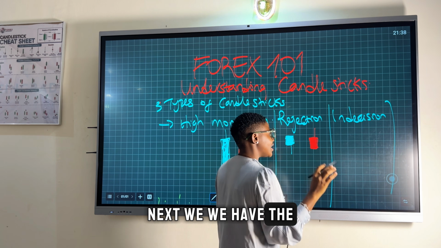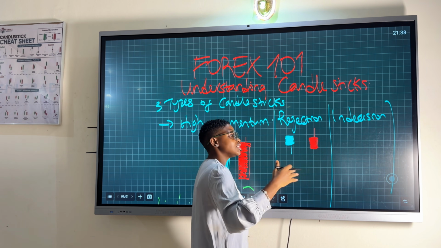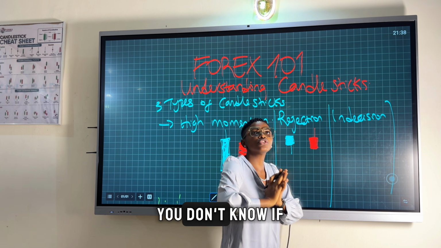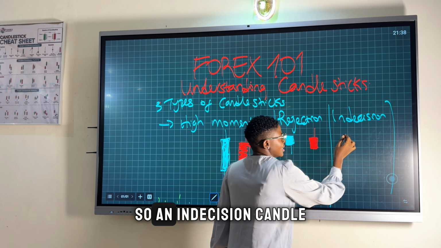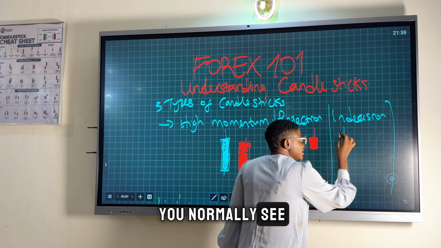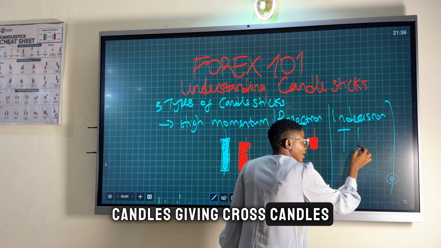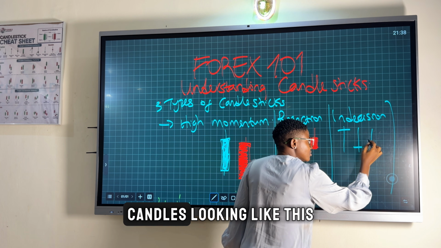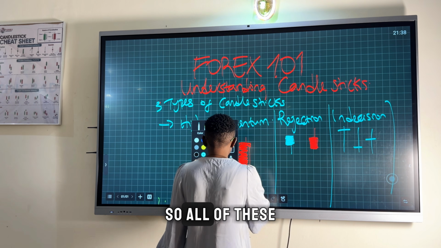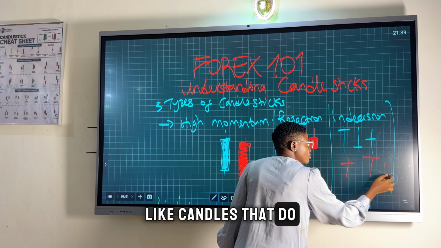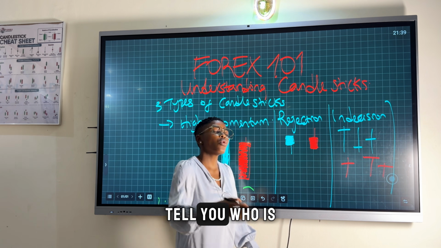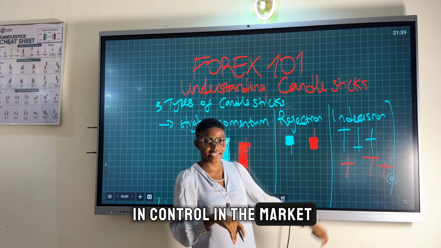Next, we have the indecision candle. An indecision candle means you don't know if you should buy or if you should sell. You normally see candles looking like a cross, candles looking like this, candles looking like this. All of these are indecision candles, candles that do not clearly tell you who is in control in the market.